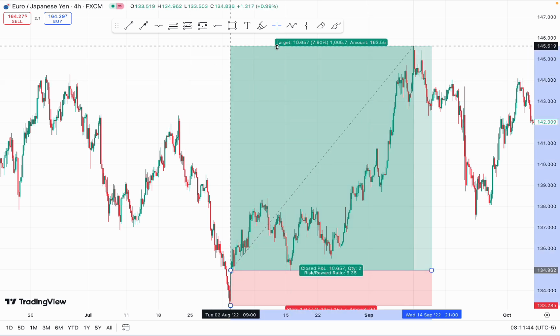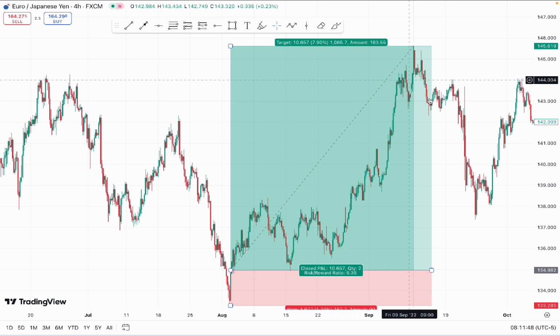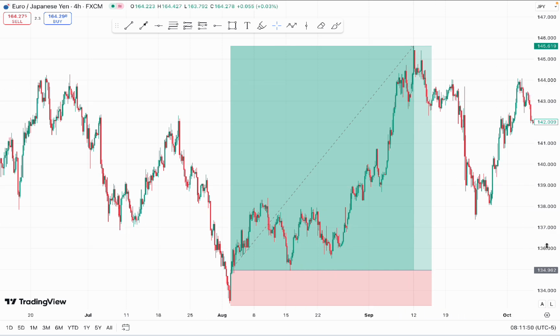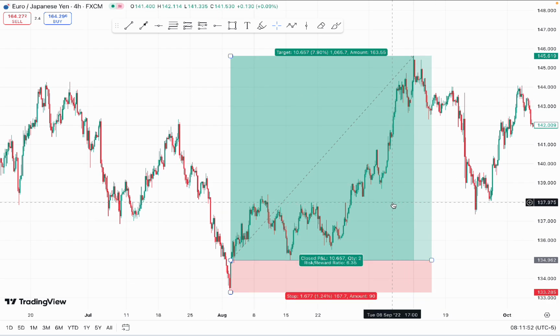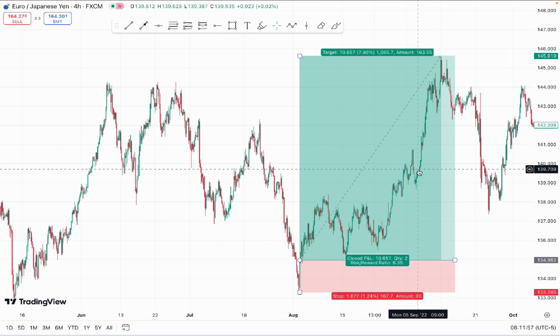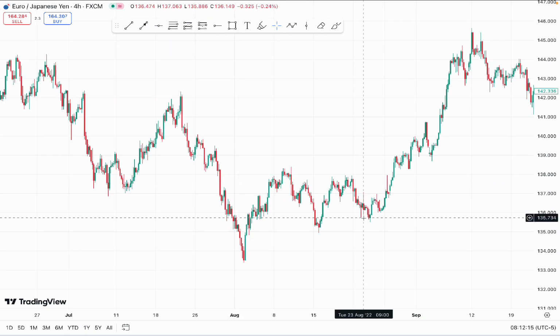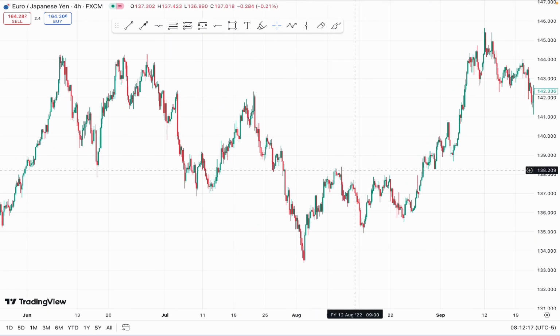This gave us a sweet 6 to 1 risk to reward, and this is a very good trade, honestly. But that's just one example of bullish engulfing candles and how they can give profit.